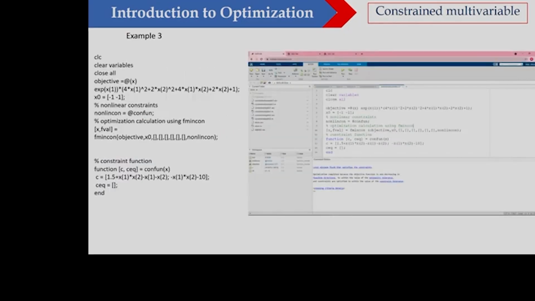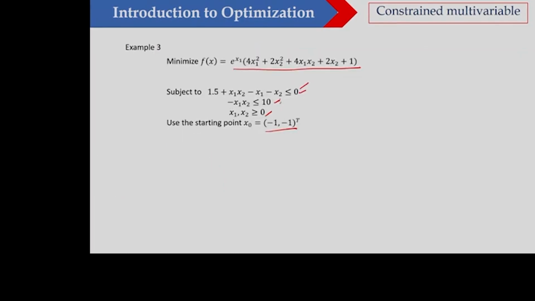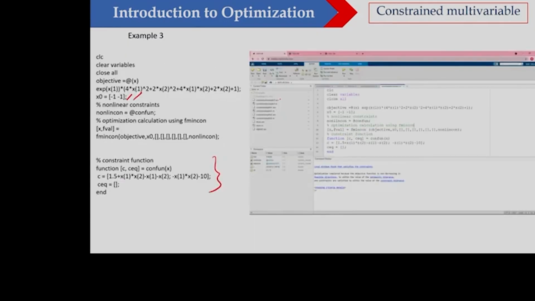So, I have written the code here. This is the objective function, then this is the initial point -1, -1, and I have defined here the constraint function. We have two constraints. This is an inequality type constraint and the second one is also an inequality type constraint.